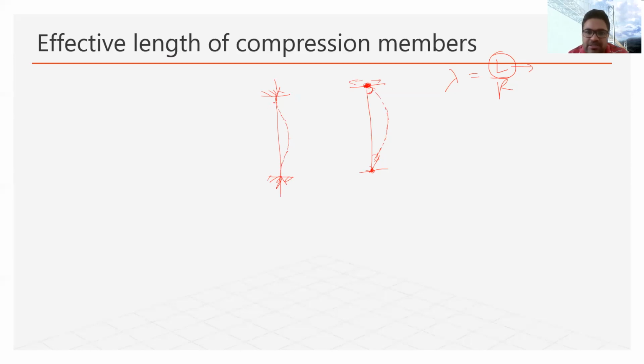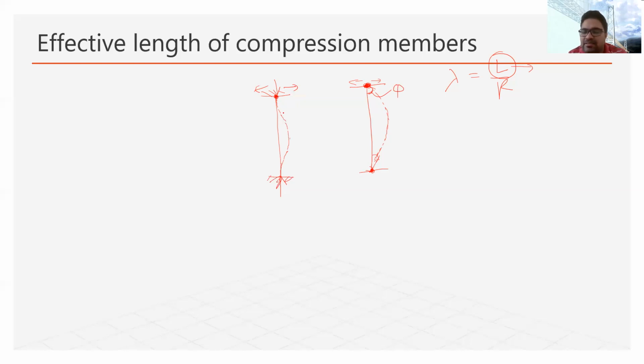In this case you can see there is a theta rotation in the hinged case, but in the fixed case the column is not rotating, which means there is no movement like this, which is called translation, and at the same time there is no rotation.